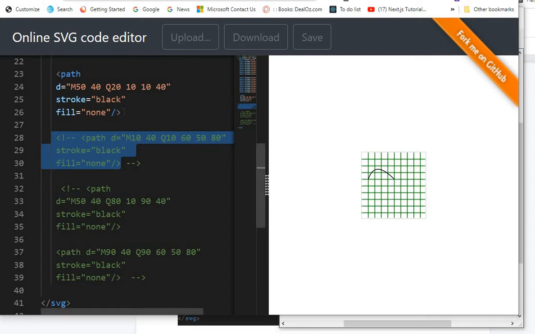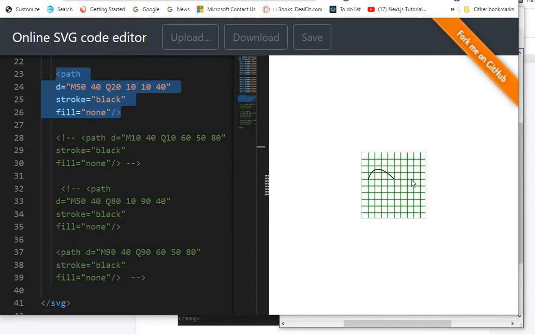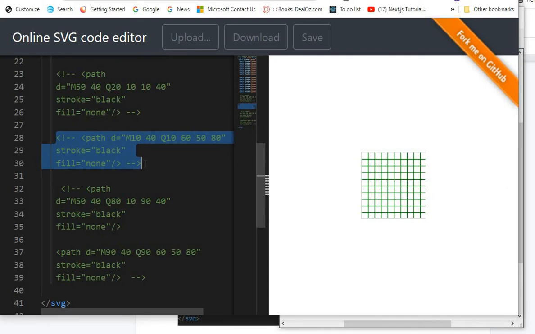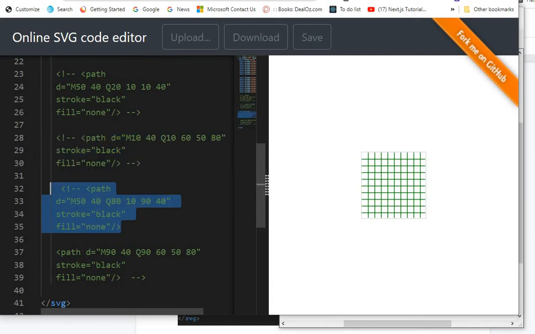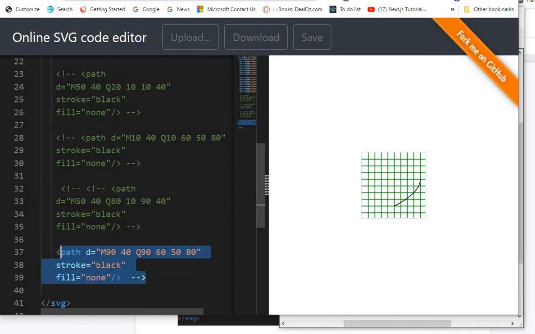Now I have used 4 curves to draw a heart symbol. So let me show the 4 curves actually. So this is one of the curves, and this is the other one, and this is the other one here.